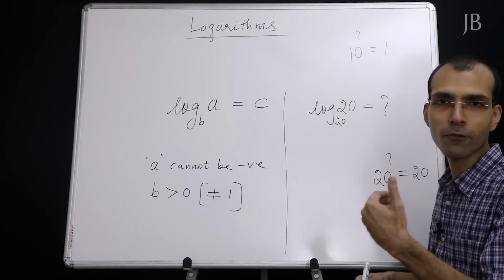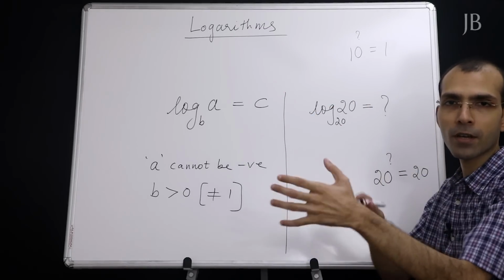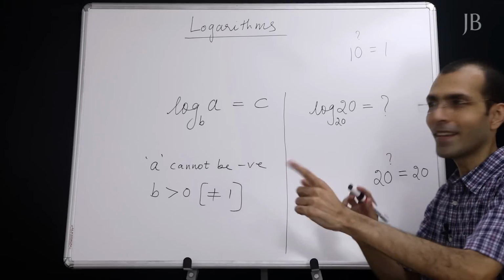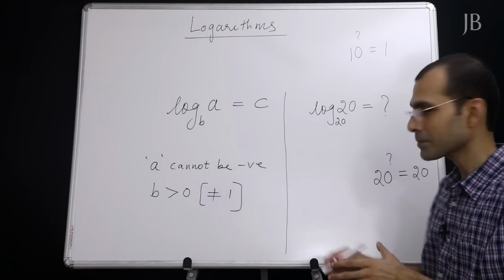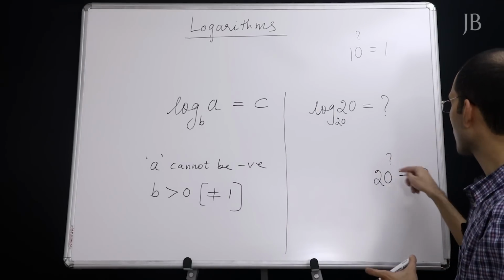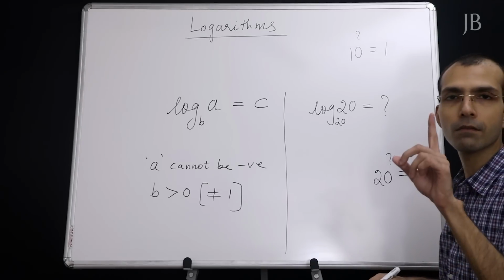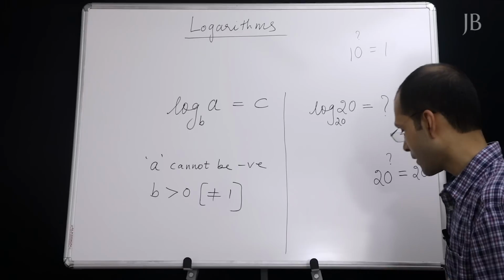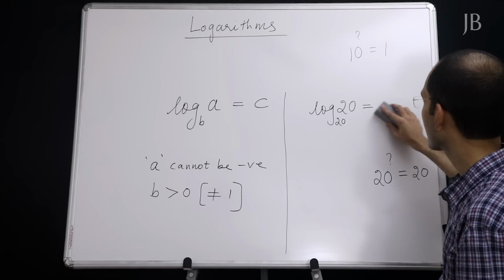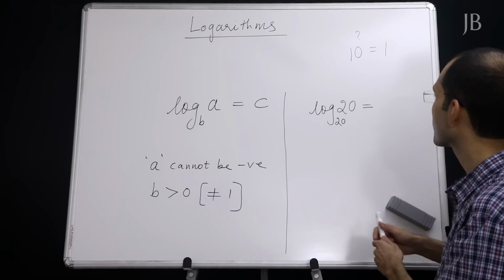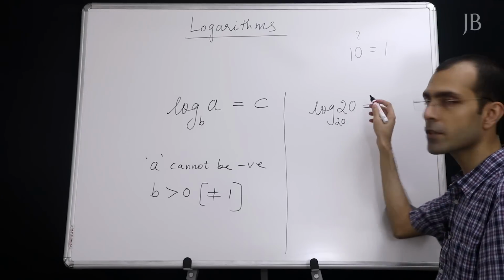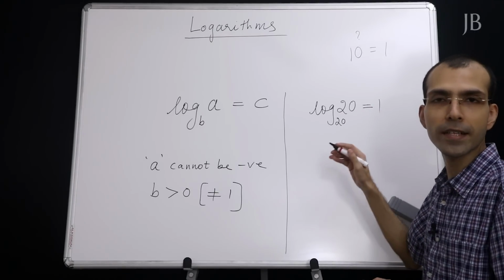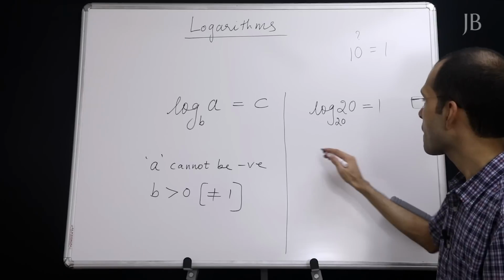Exponent form, log form. 3 raised to 4 is 81. So log 81 to the base 3 is 4. And then we can go reverse also. So 20 raised to what will give me 20? 1. 20 raised to 1 will be 20. So log 20 to the base 20 will be 1.